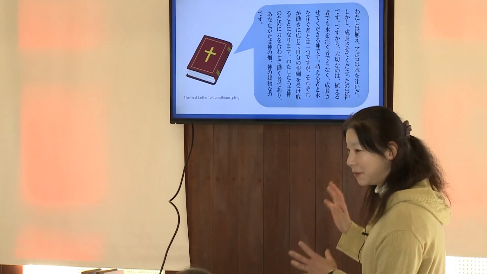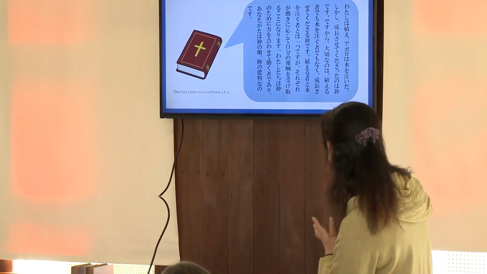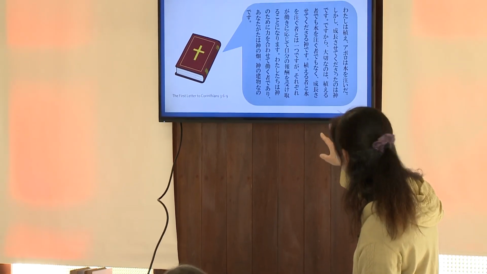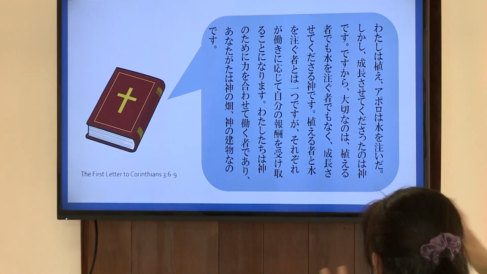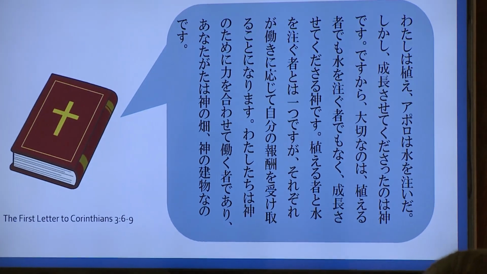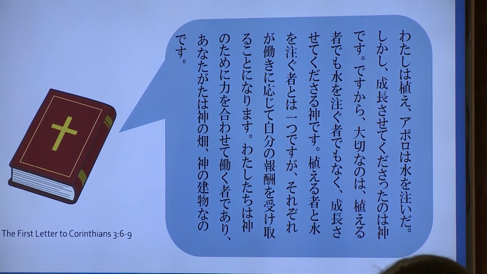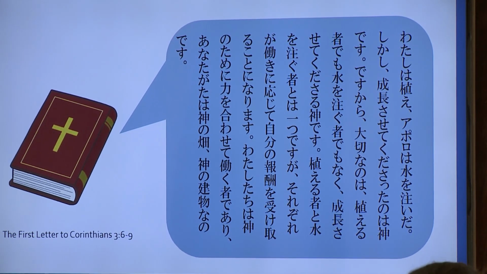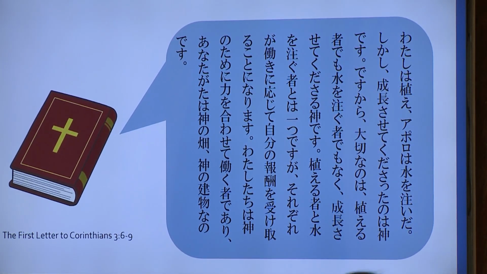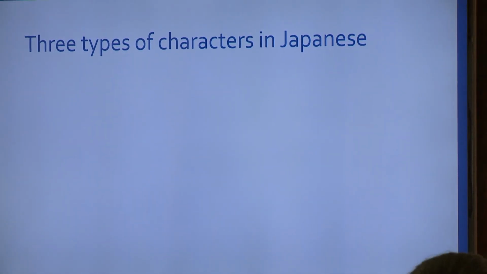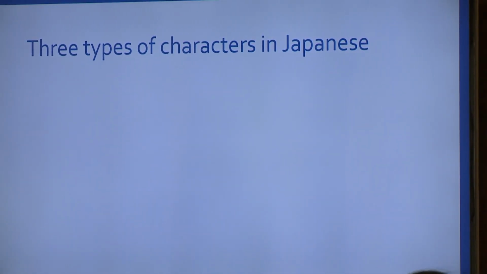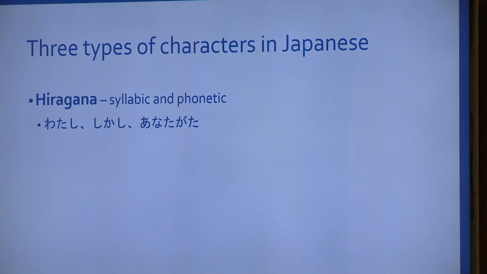Can you see a little bit of difference in some characters? Some are very dense, and some are not. Some are round, and some have lots of strokes, straight lines. So there are 3 types of characters in Japanese. One is called hiragana. It's syllabic and phonetic.